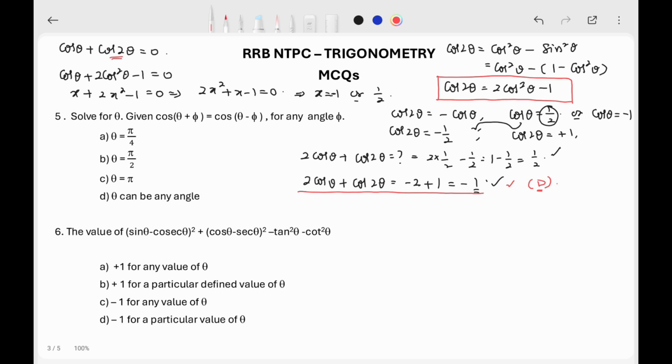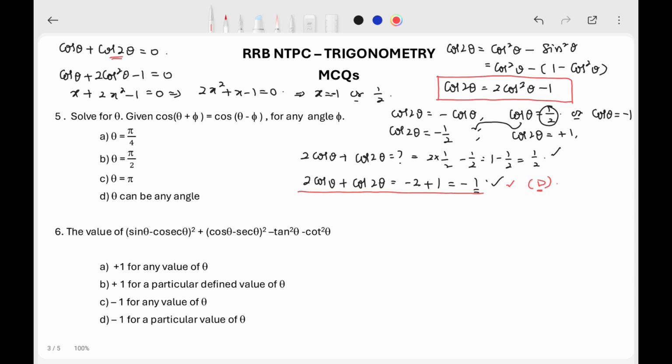First you are supposed to understand the compound angle and solve the equation. From there you will get the two values. Out of the two values, you have to see which value is relevant for the given answers. The relevant value is cos theta is equal to minus 1. That is the answer.